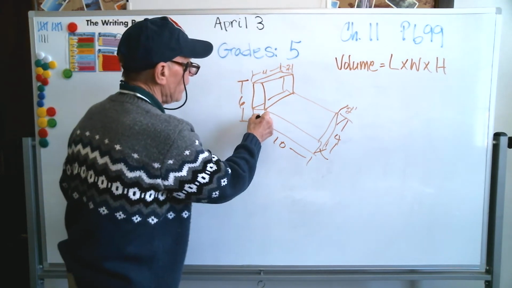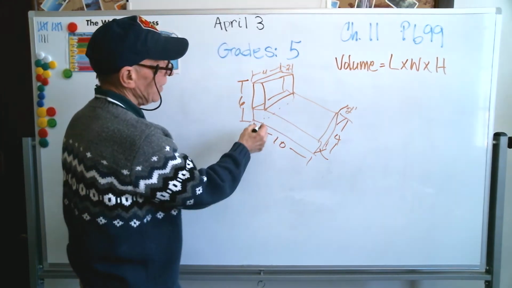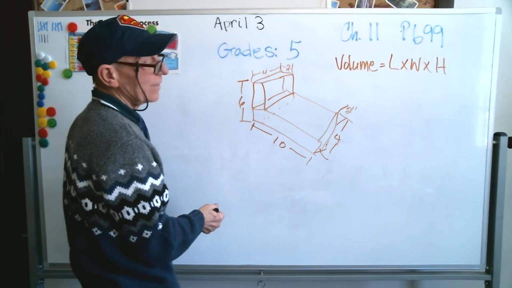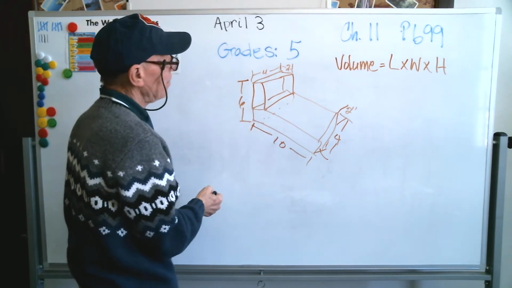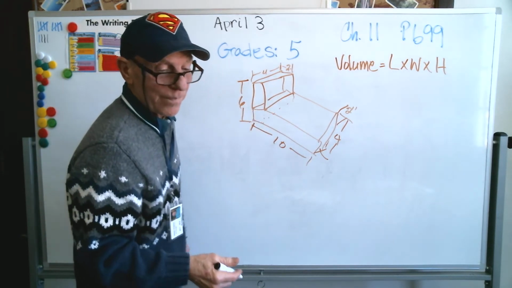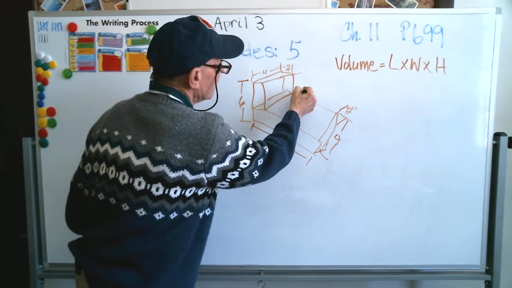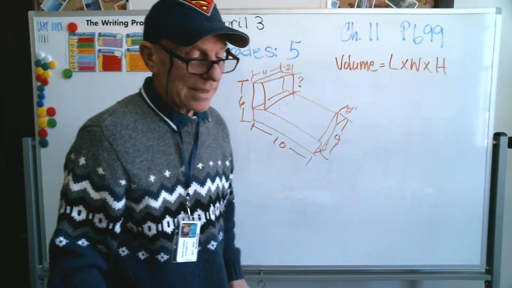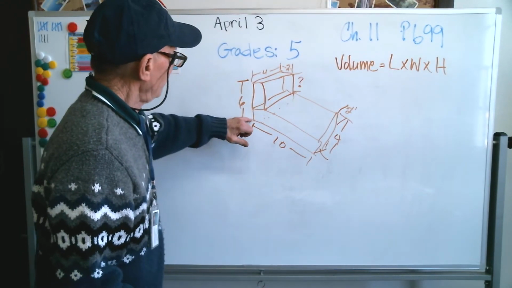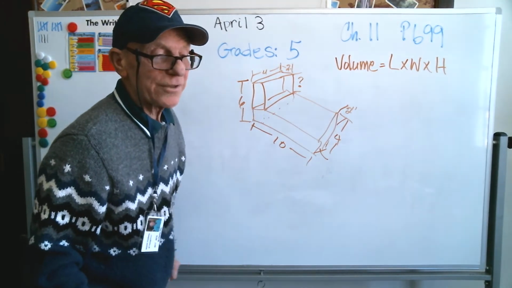So you can either do this and then that, or you can do the bottom piece and then the top piece. Now, it doesn't tell you what this dimension is, but you know that from here to here, that's 2 inches.